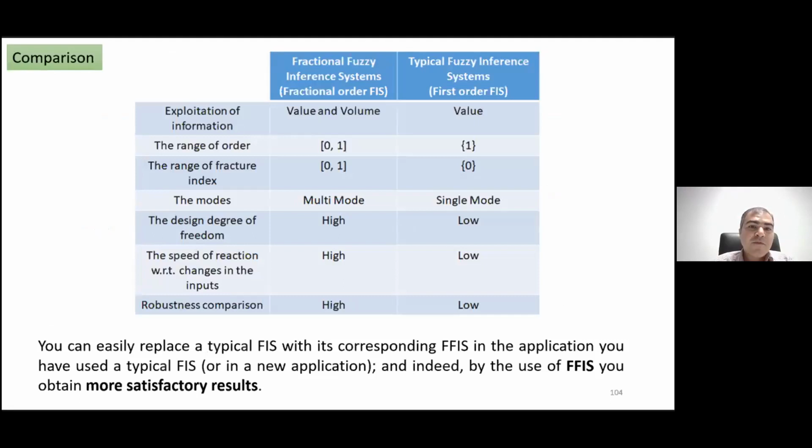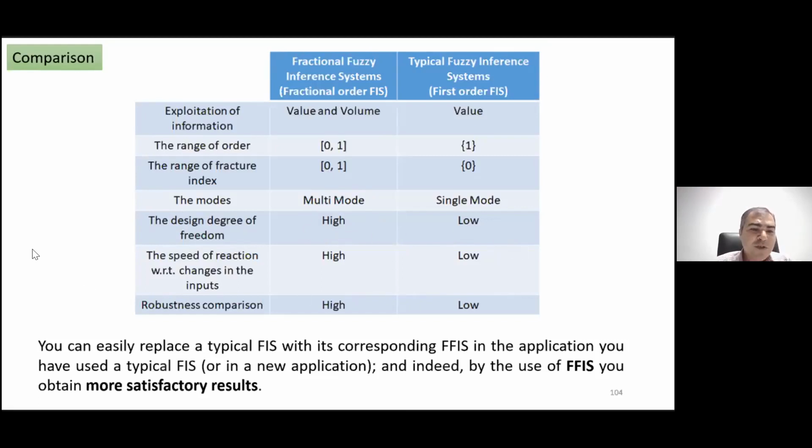Finally, if we compare very briefly the FFIS with the typical fuzzy inference systems, you can say that the exploitation of information in FFIS is based on value and volume, but in the typical fuzzy inference system only on the value. The range of order in FFIS is the interval 0 to 1, but typical fuzzy inference systems are first order, and FFIS are multi-mode, and the design degree of freedom in FFIS is higher than typical FIS.